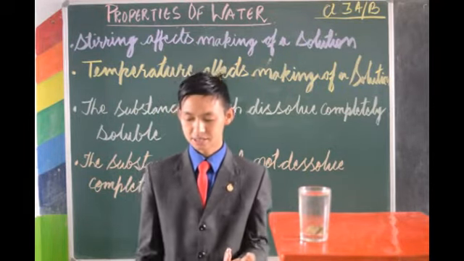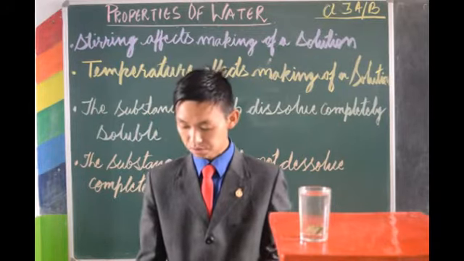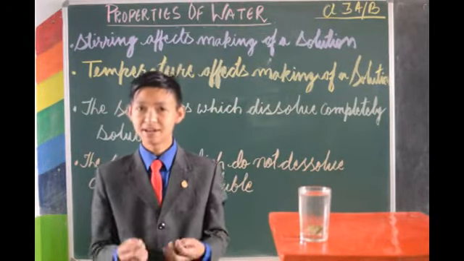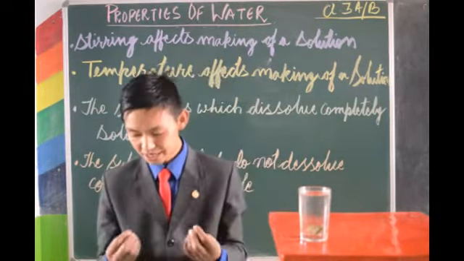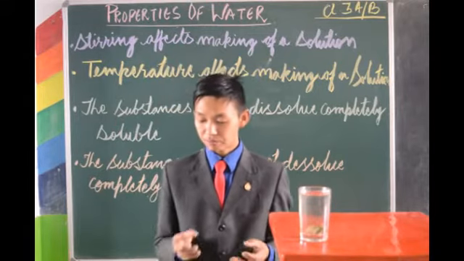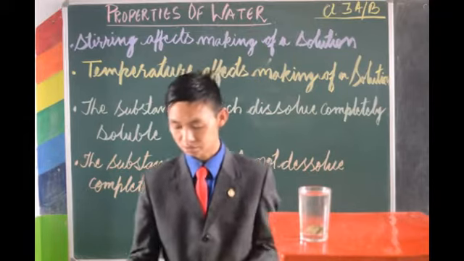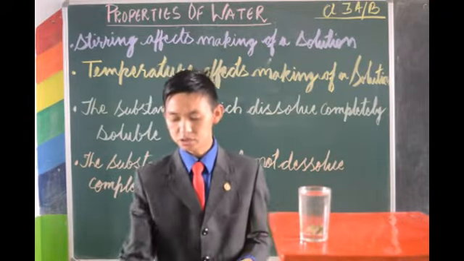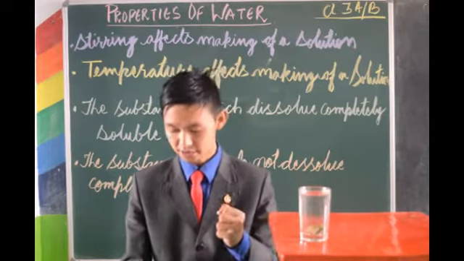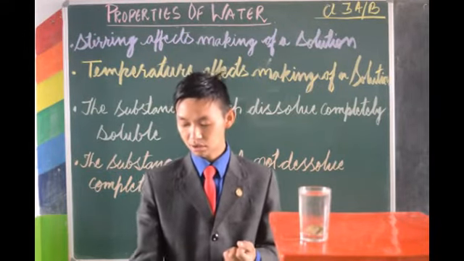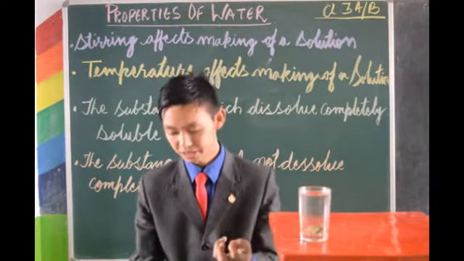All objects, including water, are made up of very tiny particles which we cannot see with our eyes. These tiny particles are packed together and are known as molecules. In some objects the molecules are very tightly packed, whereas in others they are loosely packed.